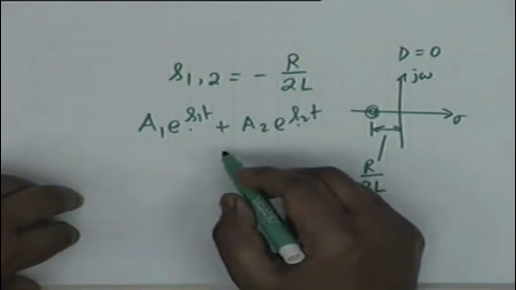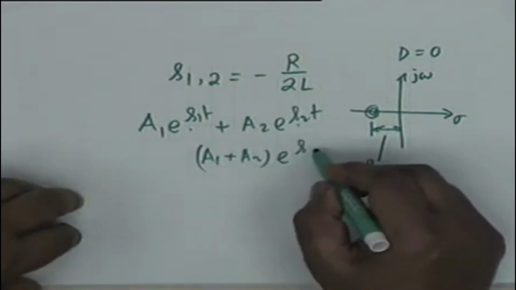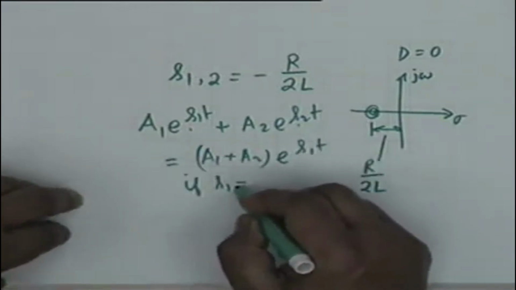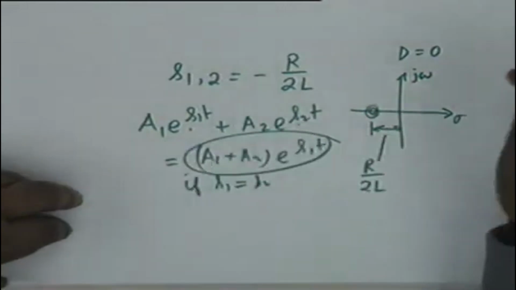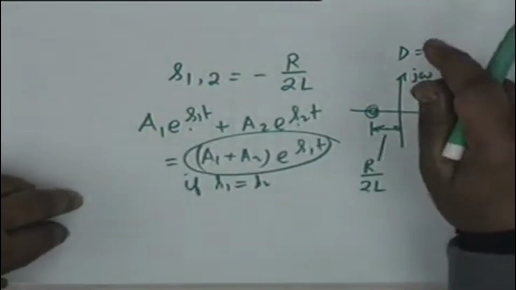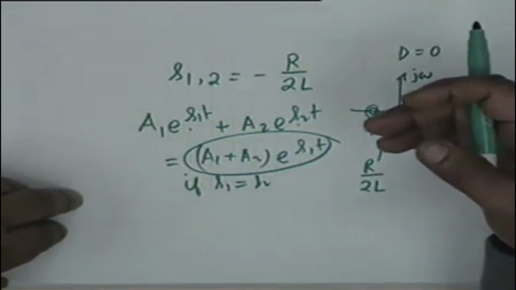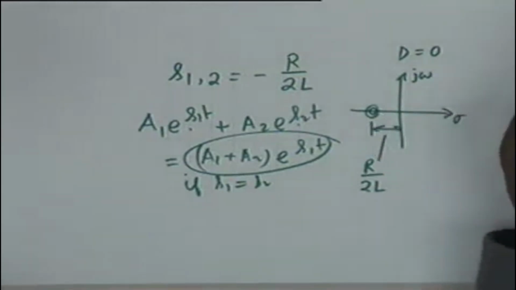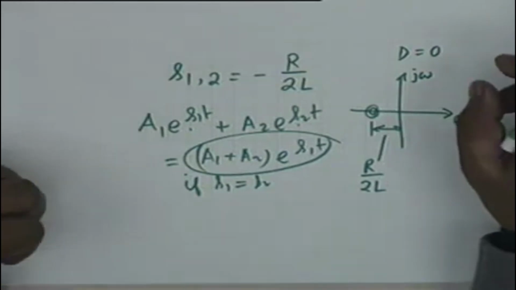Well, if s1 and s2 are equal, I can always write this as a1 plus a2 e to the, let's say, s1t. If s1 is equal to s2, this cannot represent the general solution. The general solution must have two arbitrary constants, because it is a second order system, and the two solutions should be independent of each other. They should be independent solutions.